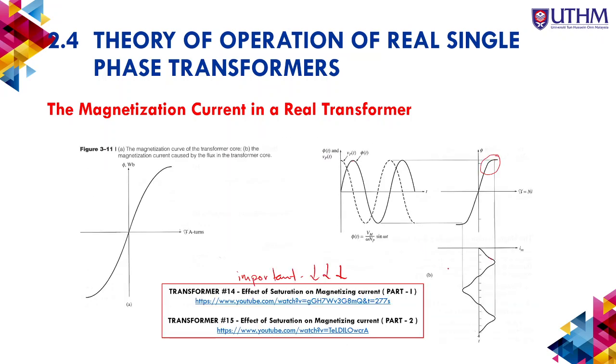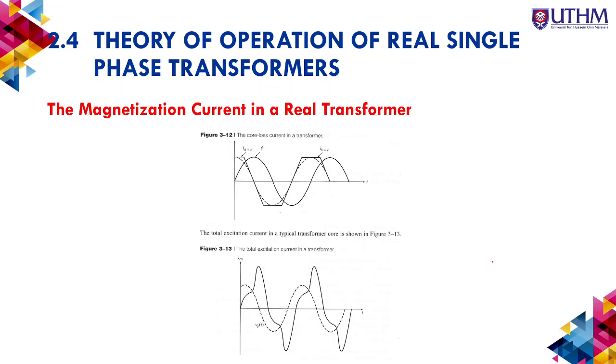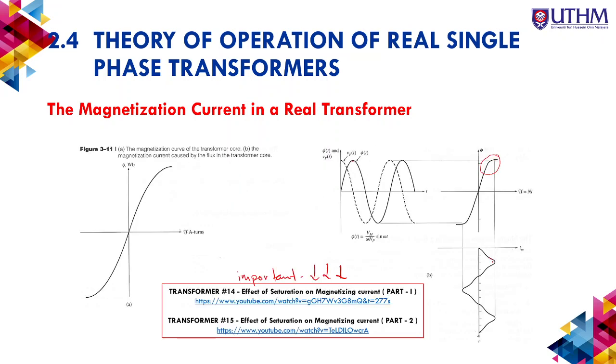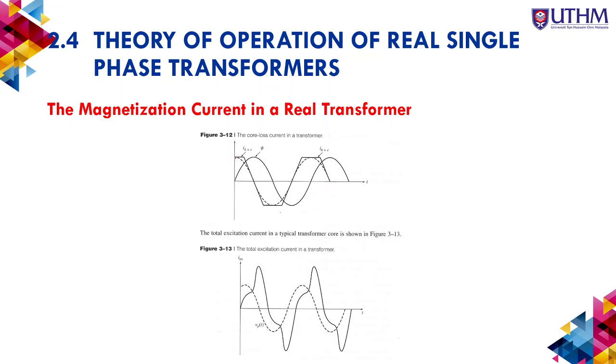So this one is from the magnetization current. However, for the losses, the eddy current and hysteresis losses are also non-linear, and the fundamental component of the core loss current is in phase with the applied voltage.